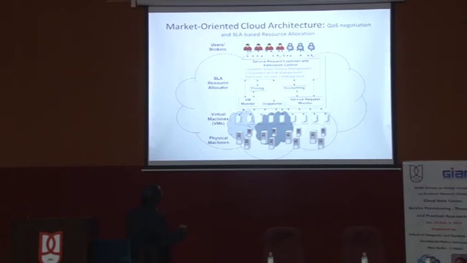So what this slide summarizes is what cloud computing is all about. At the bottom, you have physical machines, and in between here, you have virtual machines. These virtual machines are allocated to the physical machines.